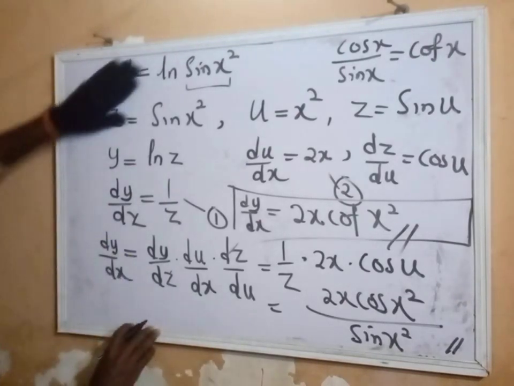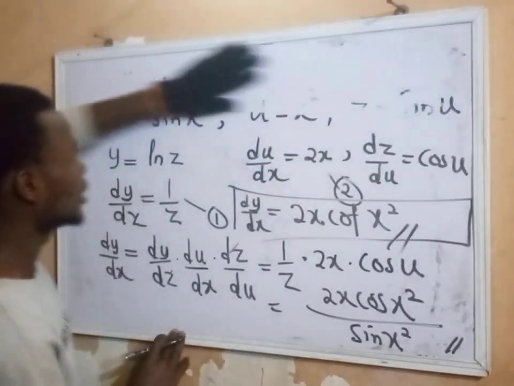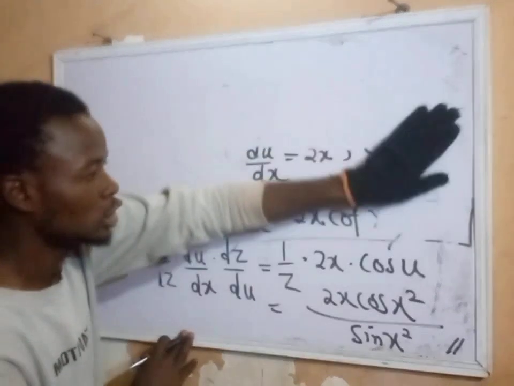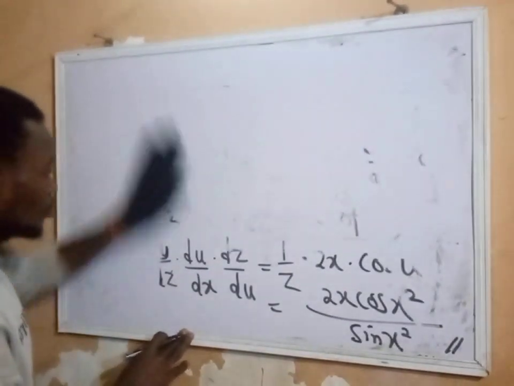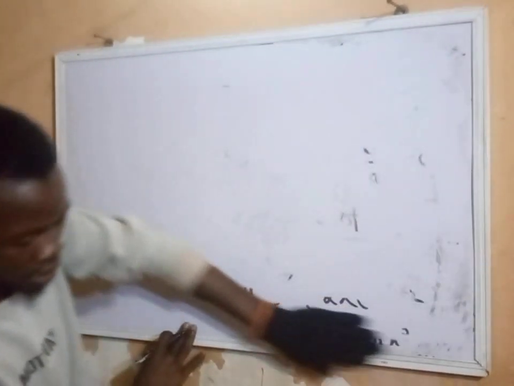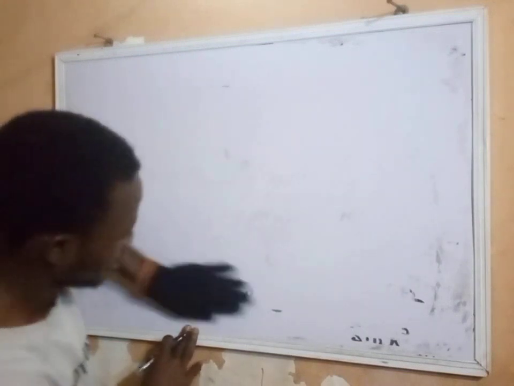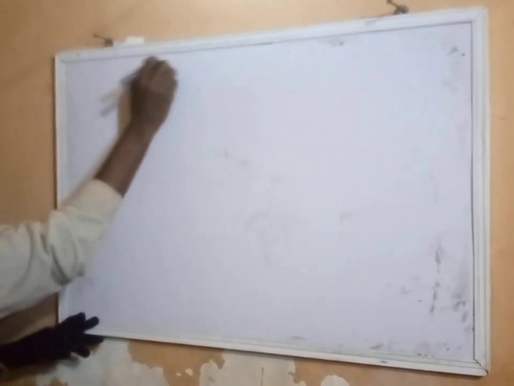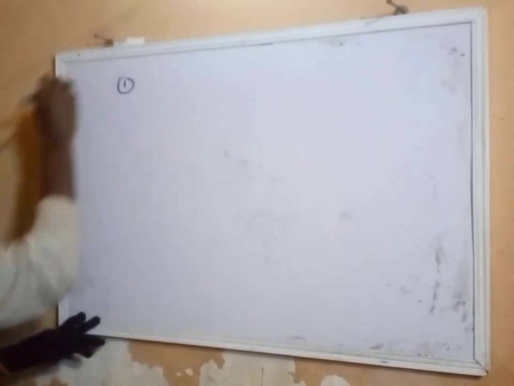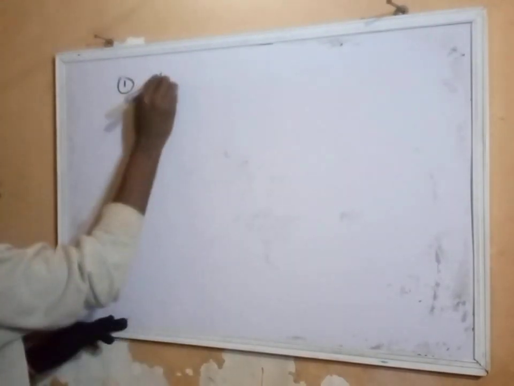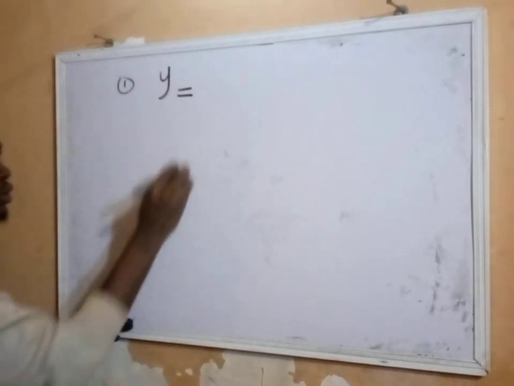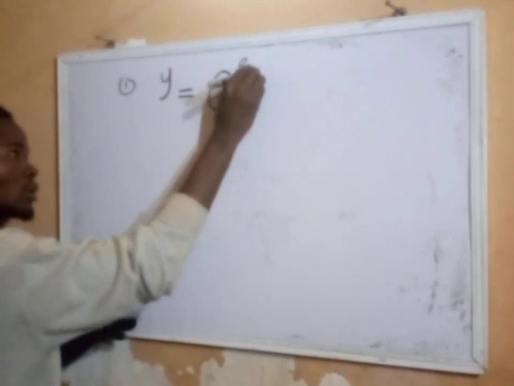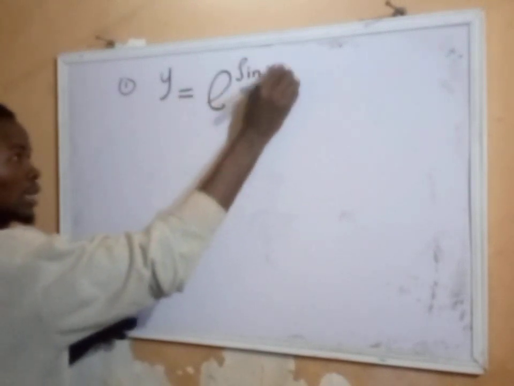Alright, before you end this, let's see the examples as an assignment to you. The first example I'm going to give here is three different functions combined together. The first one is y equals to exponential of sine x squared.